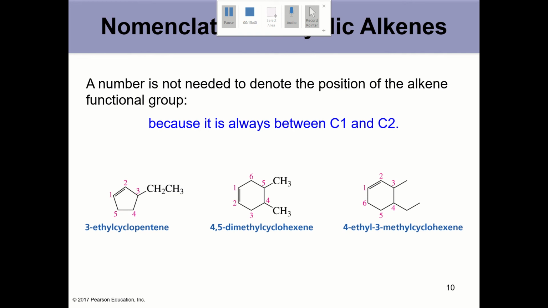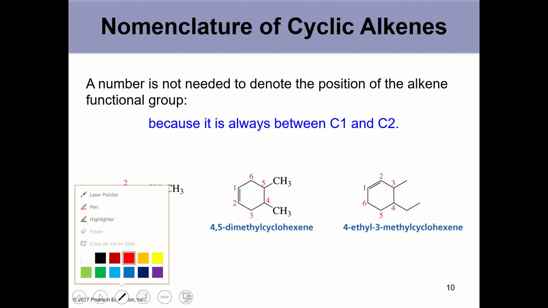The 3-ethyl cyclopentene shown at the left is numbered such that the pi carbon number 1 will put the ethyl substituent at the lowest possible number. It is always the terminus of the pi bond, so that the pi bond carbons are always C1 and C2 carbons. You cannot have only one of the pi bond carbons be carbon 1 and the other be carbon 6.